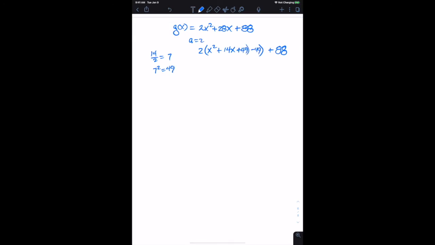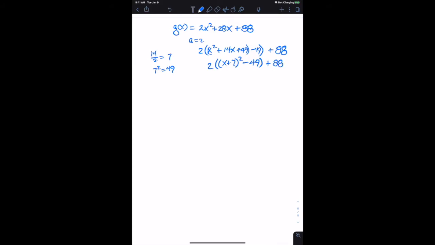And we're going to put parentheses on the inside around the trinomial that is now a perfect square trinomial, or a completed square. And we can write it then as x plus 7 squared. We're going to write the minus 49, and still have the parentheses on the outside of that with the 2 plus 88.